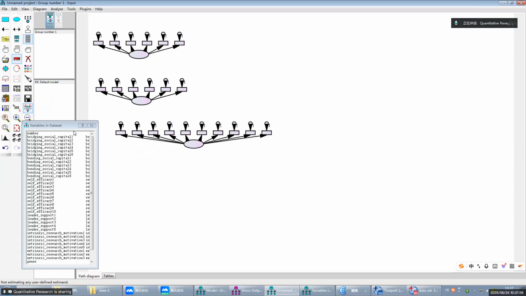And for intrinsic research motivation, it has 5.